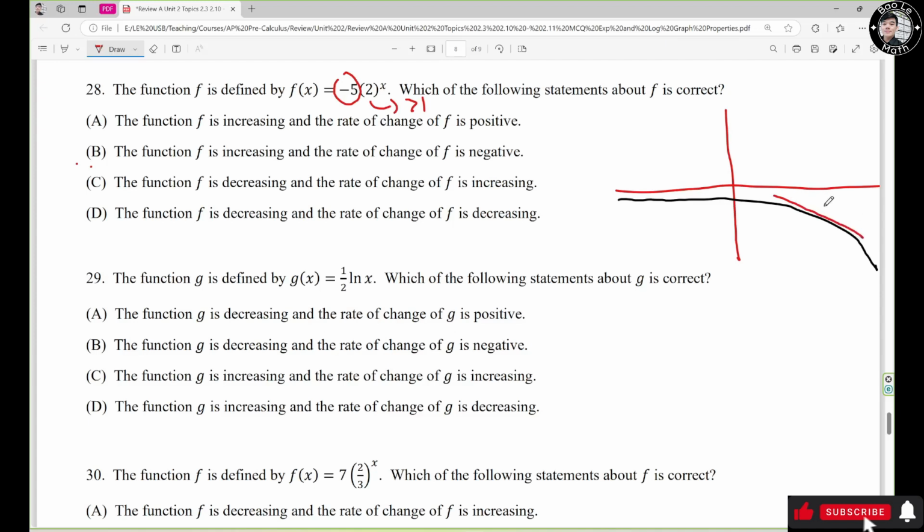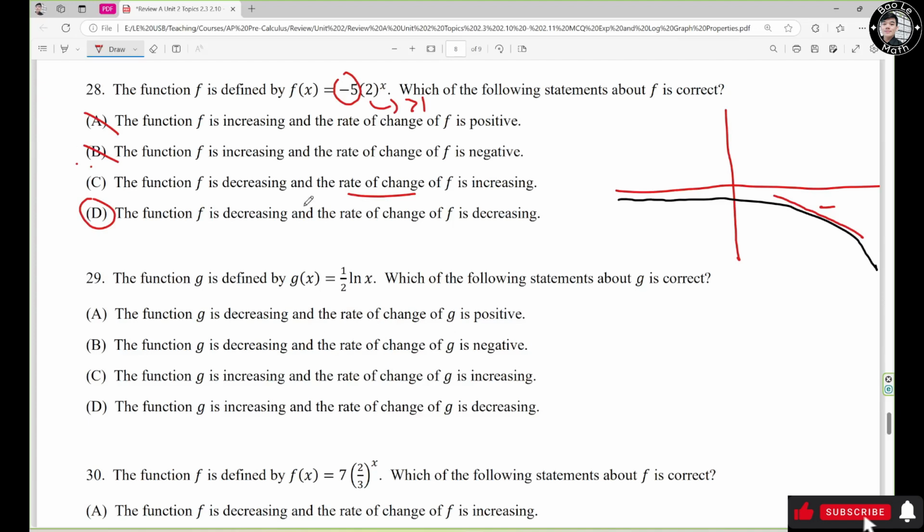And I know that the slope of the tangent line is negative, so the function is decreasing, right? So you need to eliminate A and B. Now, the rate of change is decreasing, right? Because the function is concave down, right? So the answer must be D.